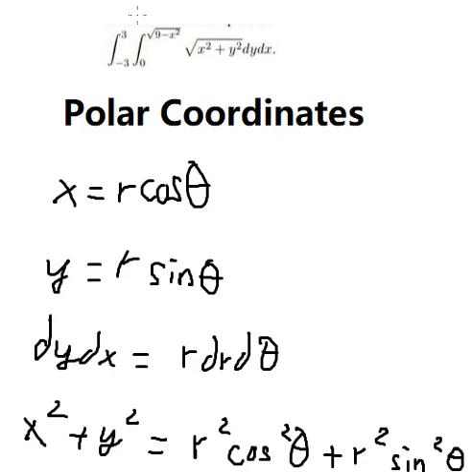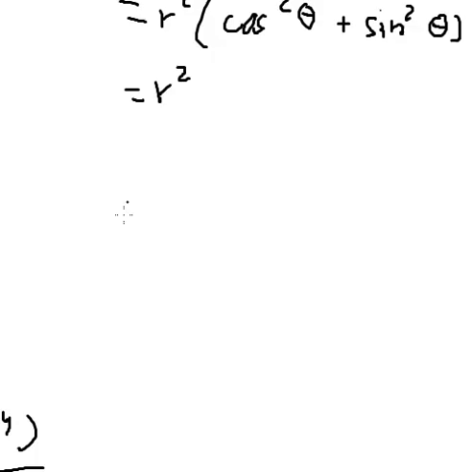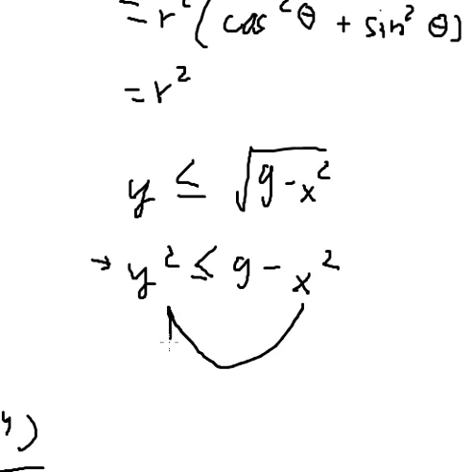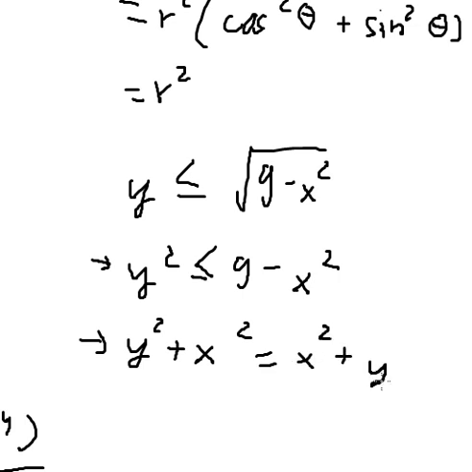Now about the bounds, we look carefully at this one. y is smaller than the square root of 9 minus x squared. So we put the power 2 on both sides. And I will put this one over here. Or maybe I can put x squared plus y squared in here.